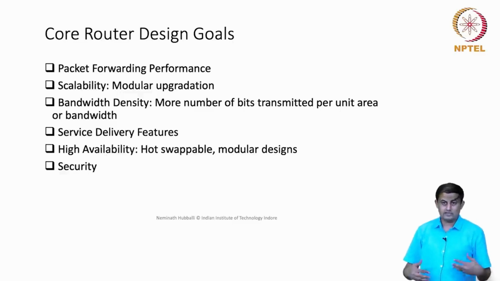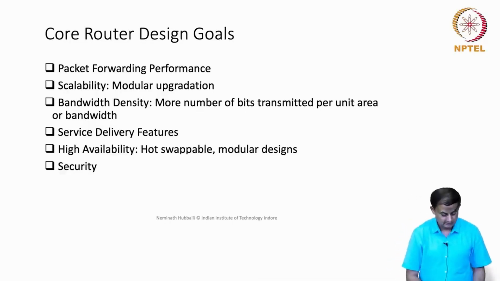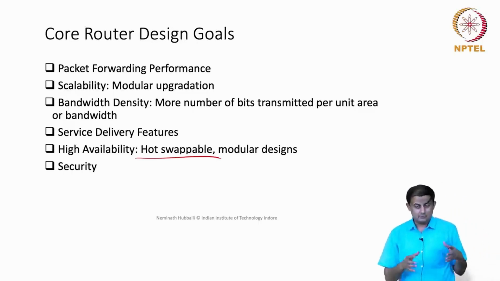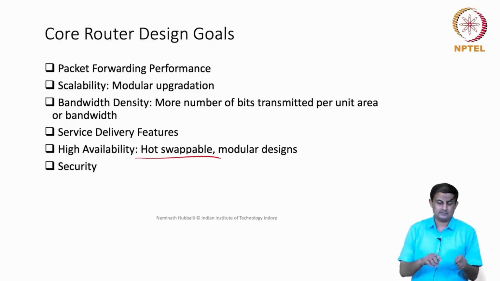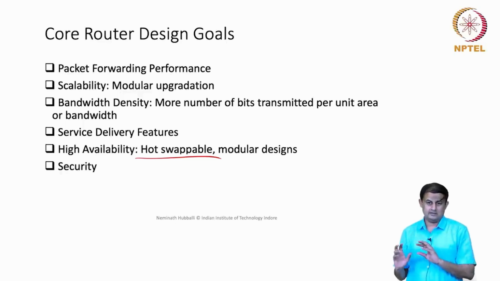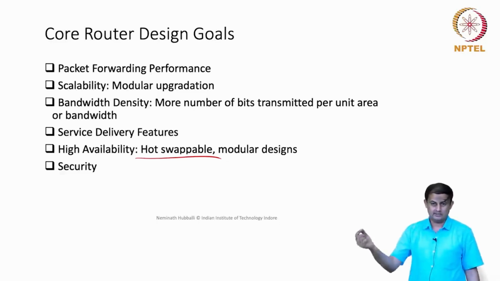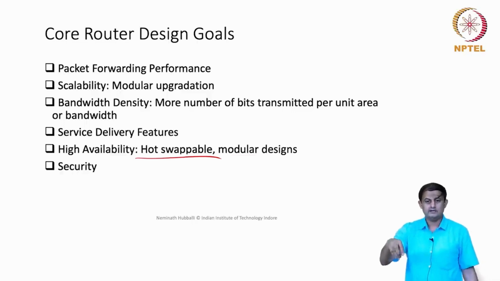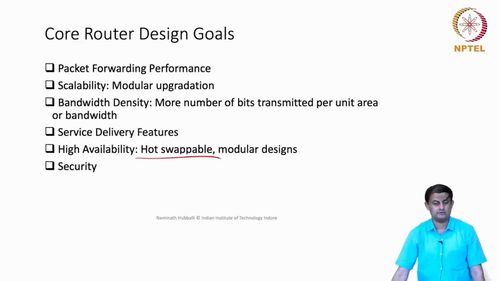And in order to do that, typical routers available in the market have a capability called hot swappable. Hot swappable is something like this: I don't have to shut down the router to do an upgradation. Typically, if I have a computer and I want to insert a new RAM on my motherboard, how do you do that? You shut down the computer, open it, fix the RAM in a slot, and then start the system and it starts working.